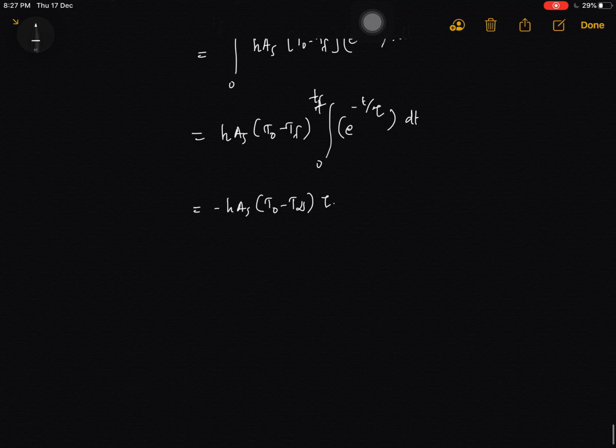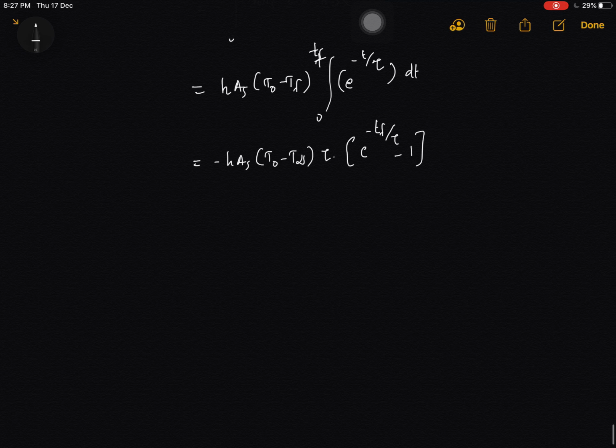Integrating this equation, we can write minus hAs into (T0 minus T infinity) into tau into (e raised to minus tf by tau minus 1).